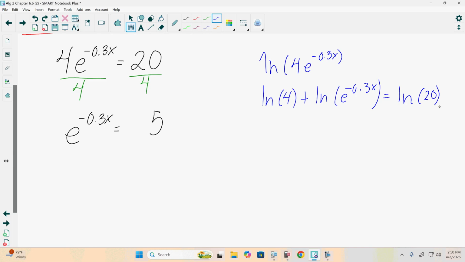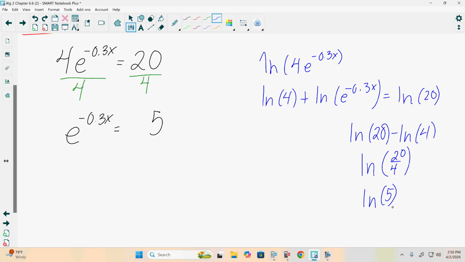Well, natural log of 20 minus the natural log of 4. Whenever I have 2 of the same logarithm subtracted, it's the same as what's inside being divided. So 20 over 4, which is 5, yes? Okay, I'll leave that there.